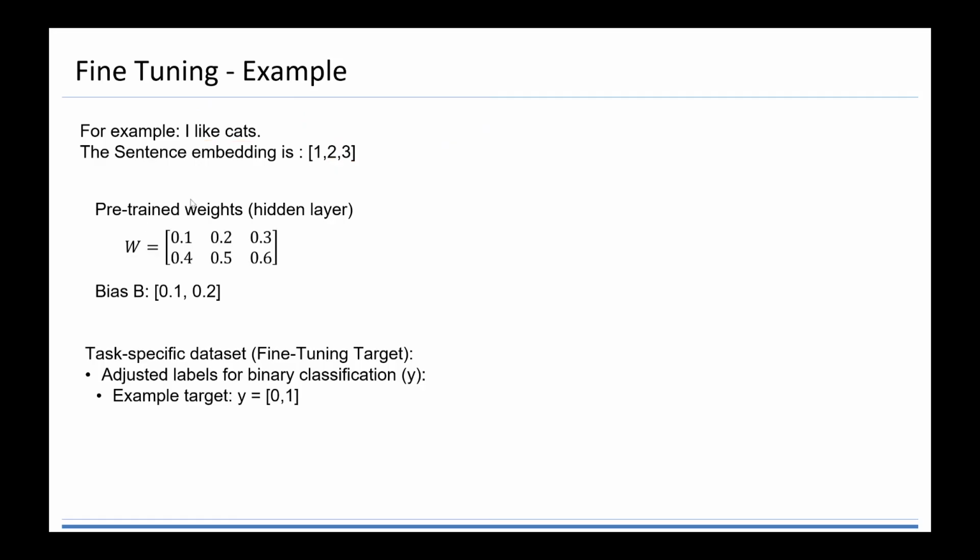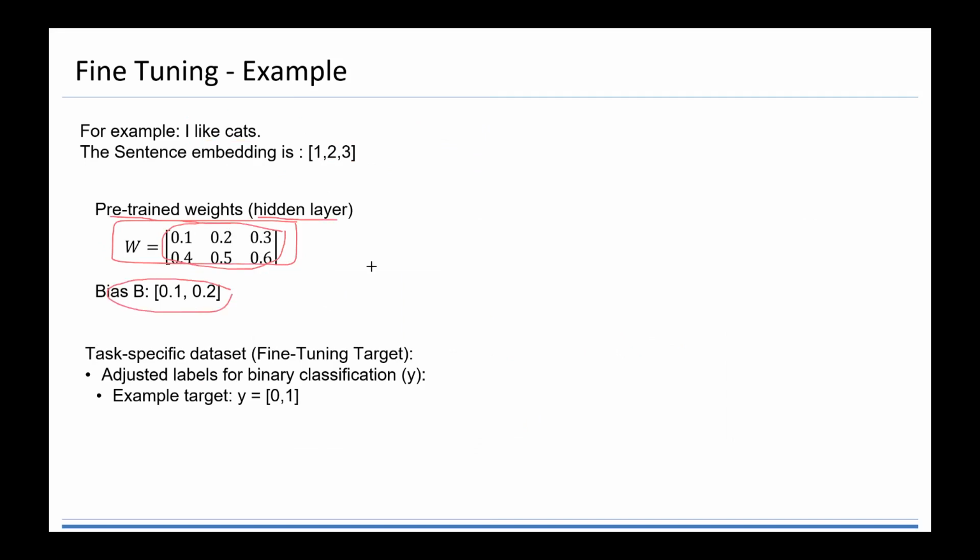Let's assume this is the weight that we got from the pre-trained model. Usually the pre-trained weight is very huge, but let me use a very simple one. The pre-trained weights, which we call the hidden layer or sometimes the initial layer, are this one. And then we have the bias.